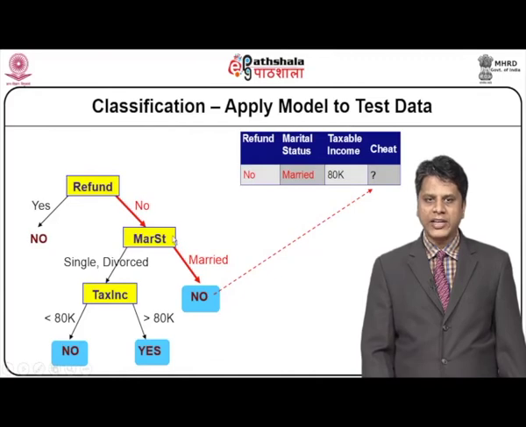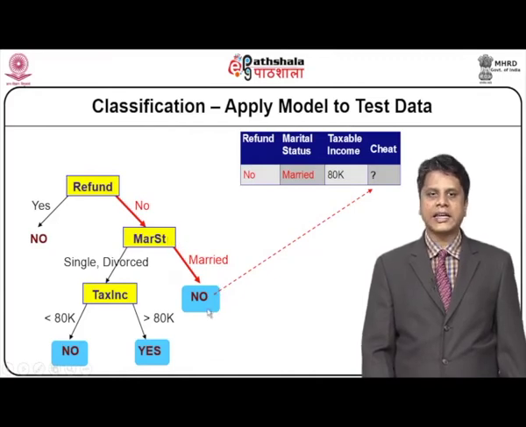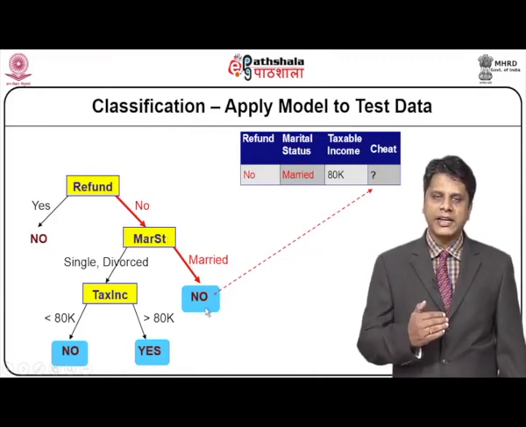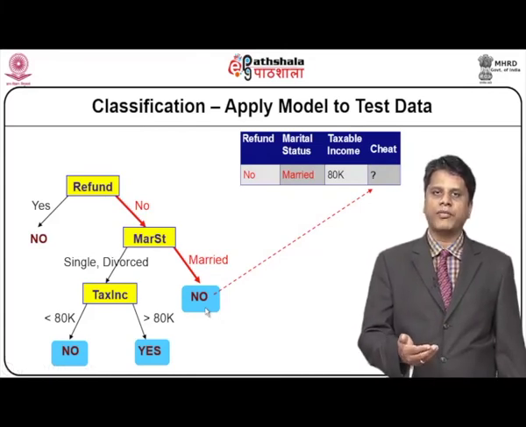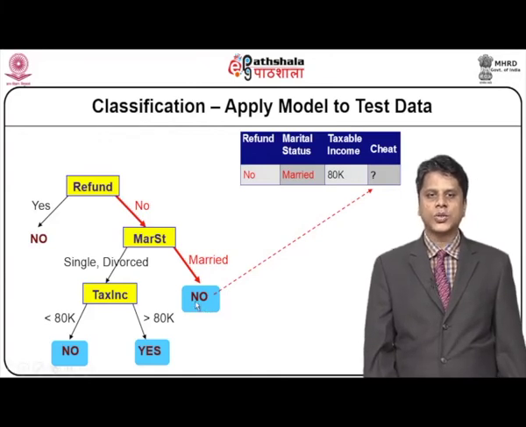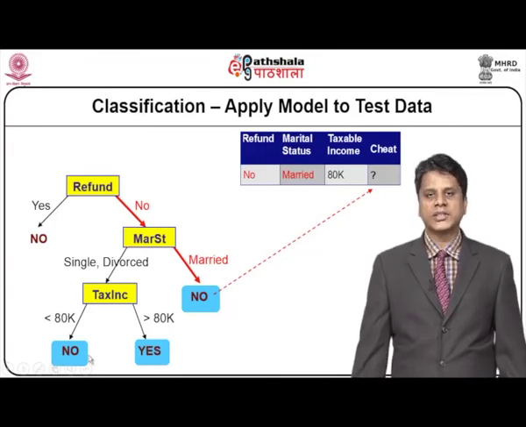Or, having said married, it can directly give a value, because our training samples did not carry any value for a married person where the taxable income exists. So, it can directly conclude with an answer of whether cheat is yes or no, and the answer is clearly no. In case the person is single, then the taxable income is to be checked, and we will identify whether the person is a cheat or not.